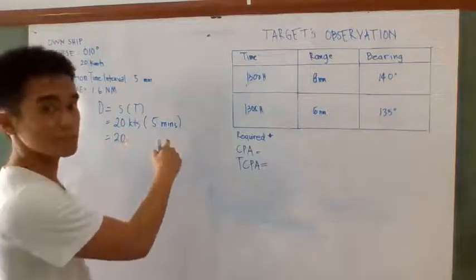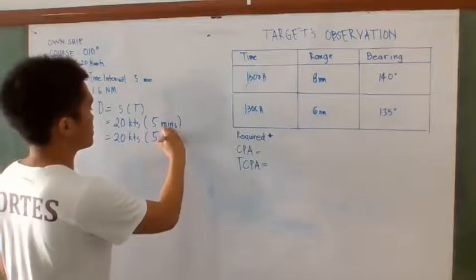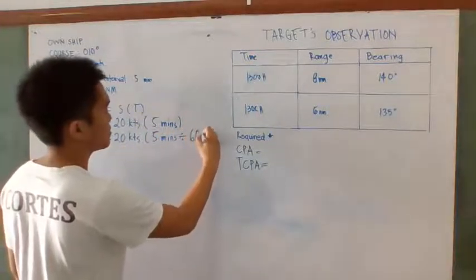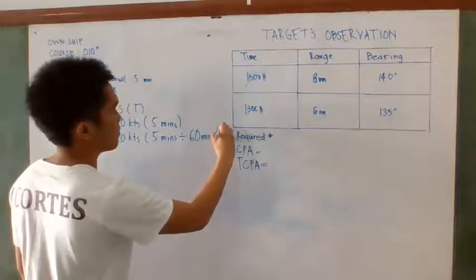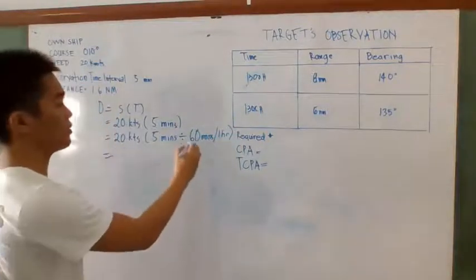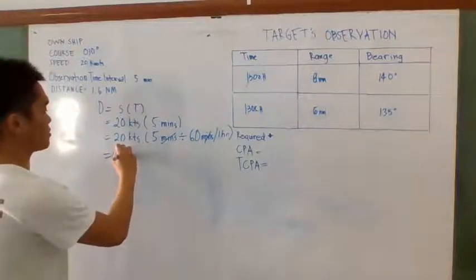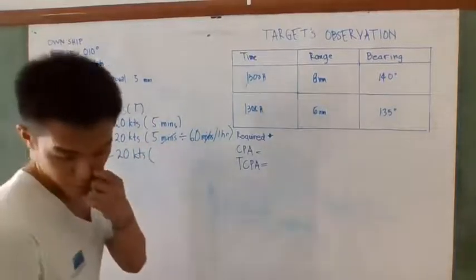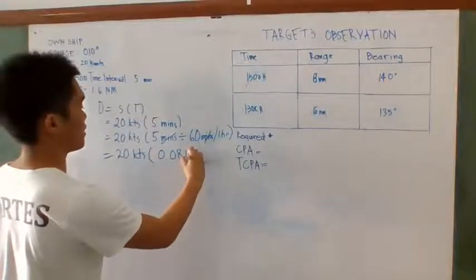To make this 5 minutes into hours, we must use the formula: 5 minutes divided by 60 minutes over 1 hour. So we will cancel minutes, and it is equal to 0.08 hours.